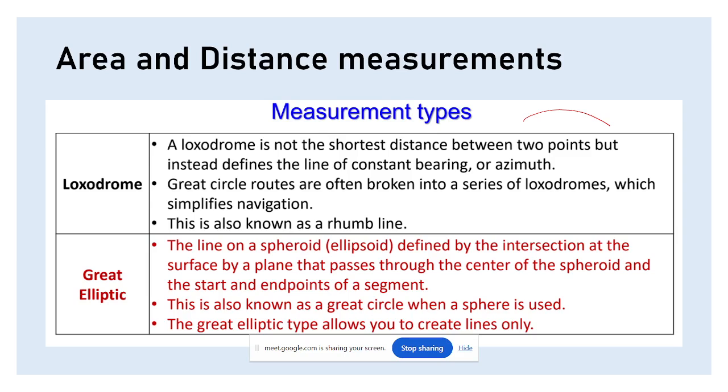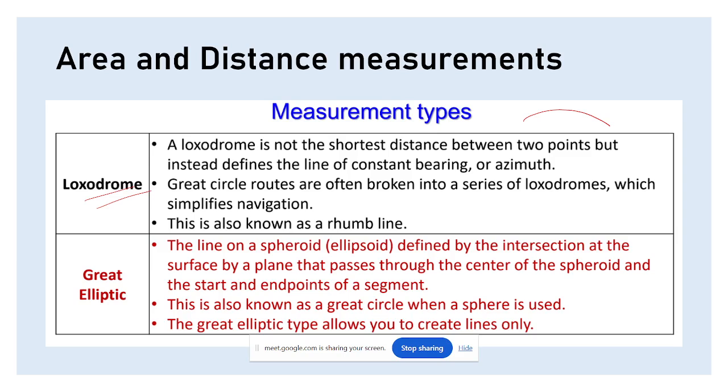Okay. So, if the distance is too large, that means the curvature of the earth will play a very important role, and also what kind of projection system or input map you are using. In such situations, we will consider this one rather than the geodesic. Great circle routes are often broken into a series of loxodromes, which simplifies navigation.